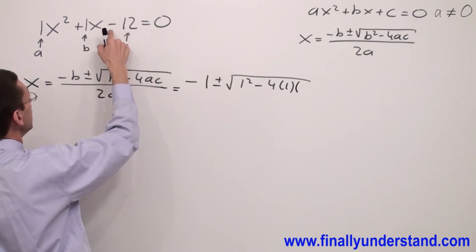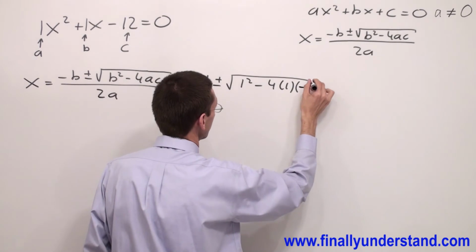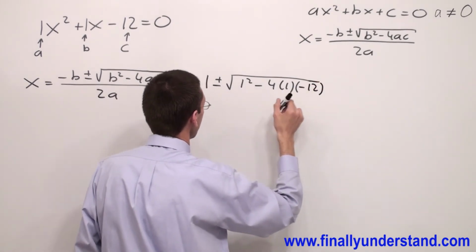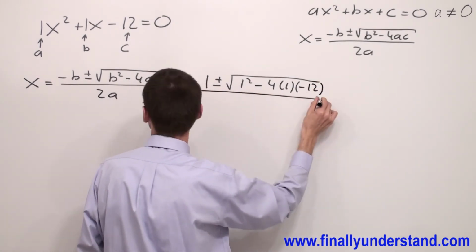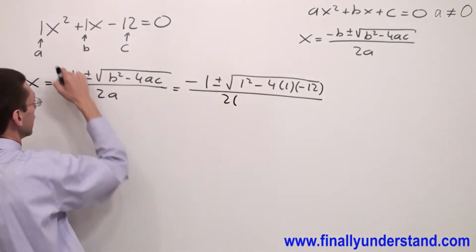You're supposed to copy the constant with the negative sign, okay? So I have negative 12. And everything is over 2 times a, and a is equal to 1.